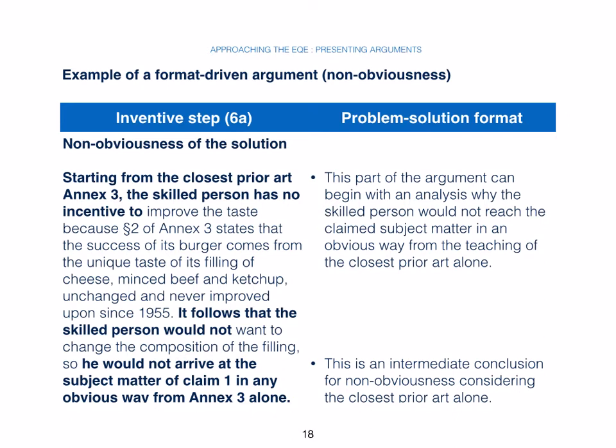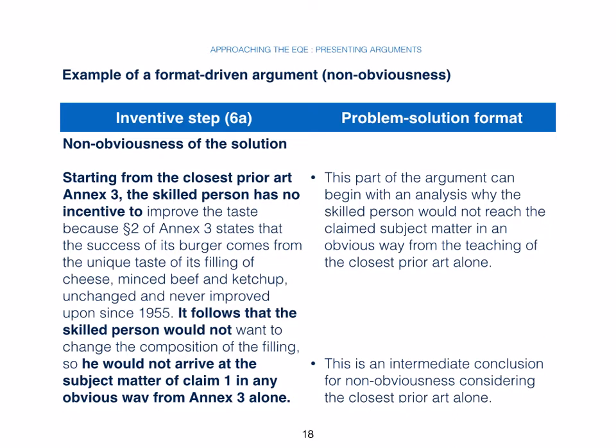So the first part of the argument for paper B will normally be an argument analyzing why the skilled person would not reach the claimed subject matter in an obvious way from the teaching of the closest prior art alone. The last part on the left-hand side, Claim 1 is not obvious from Annex 3 alone.